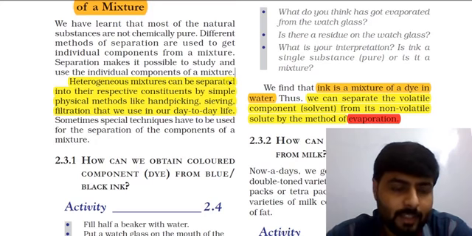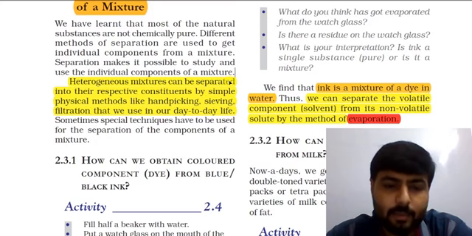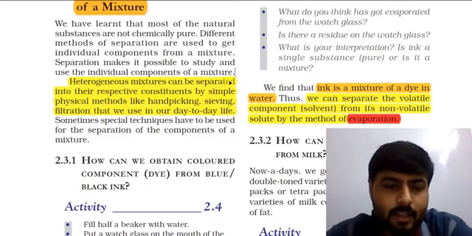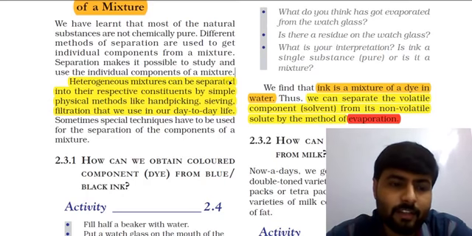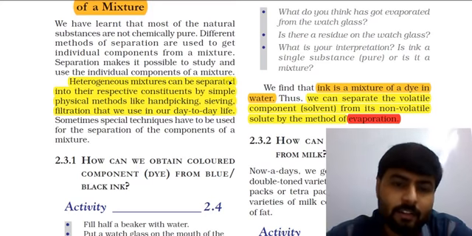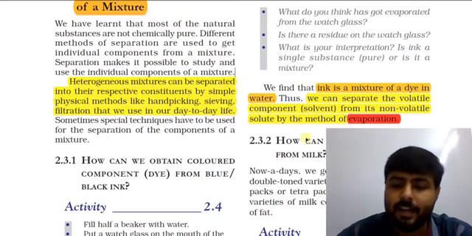Heterogeneous mixtures can be separated into their respective constituents by simple physical methods that you have learnt in your lower standards, class 7, 8, like hand picking, sieving, filtration, which we use in our day-to-day life.